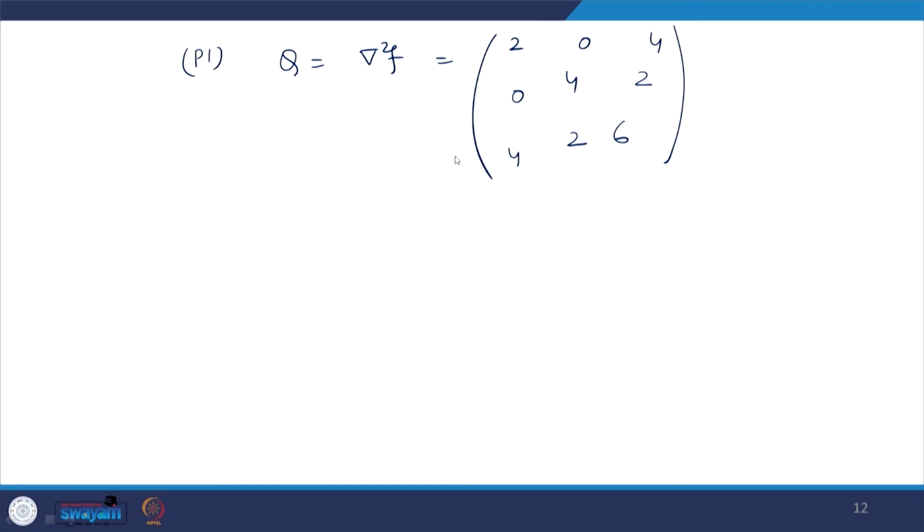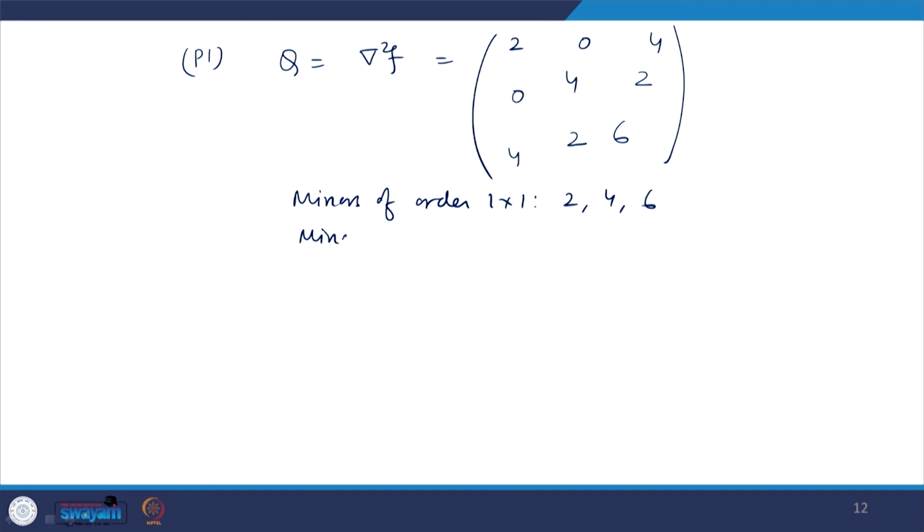Now, it is symmetric, and we have to just show that this Q is a positive semi definite matrix. So, find the minors of this Q. Minors of order 1 cross 1 are simply 2, 4, 6.